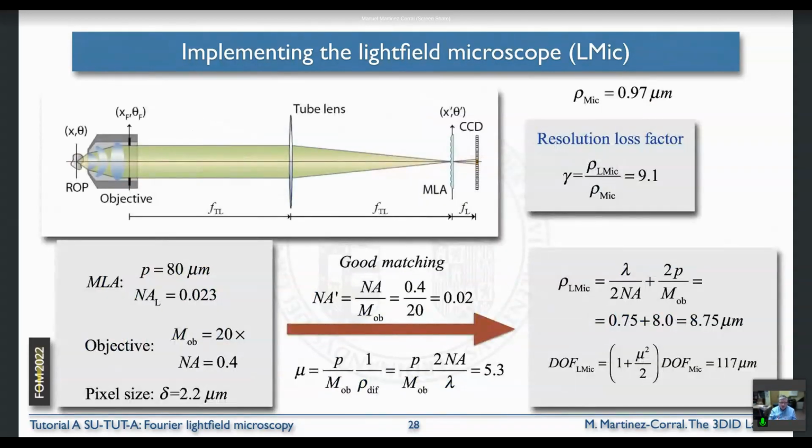So let me make some calculations. I'm going to implement here, on paper, a Plenoptic Lightfield microscope. First, we need a microlens array. There are many microlens manufacturers. This is a tutorial, I can say that. We have some which are manufactured by this company in Germany.